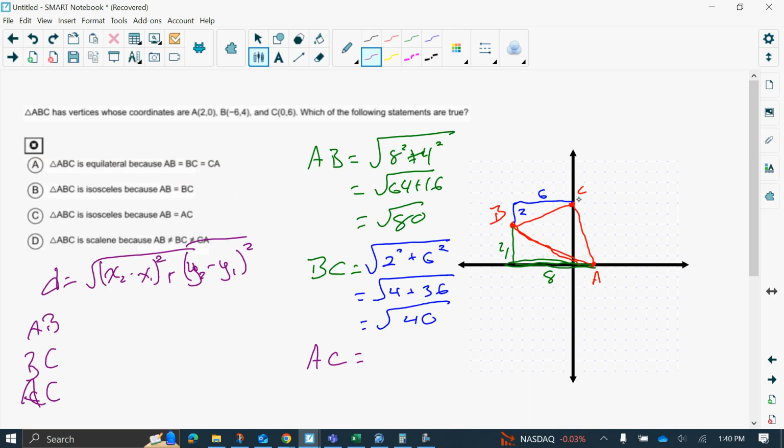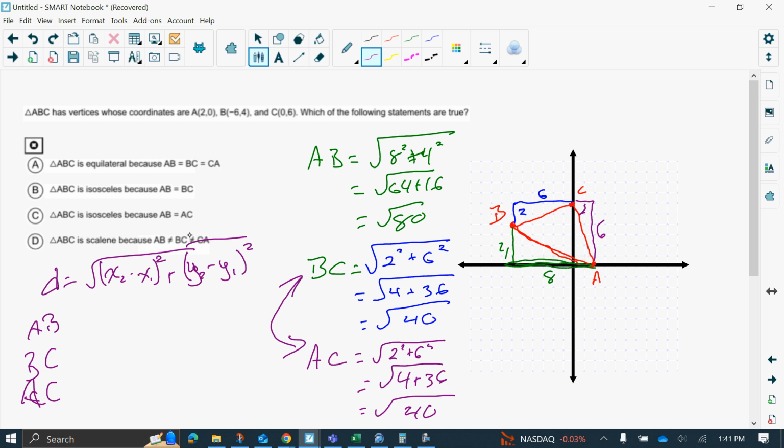I hit delete. So I go over 1, 2, and I go down 6. And so that's 2 squared plus 6 squared. And so that's 4 plus 36, which is 40. Well, these are the same.